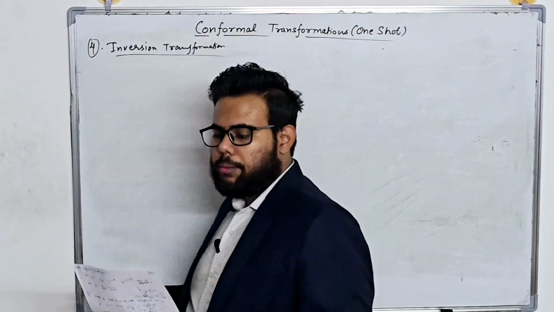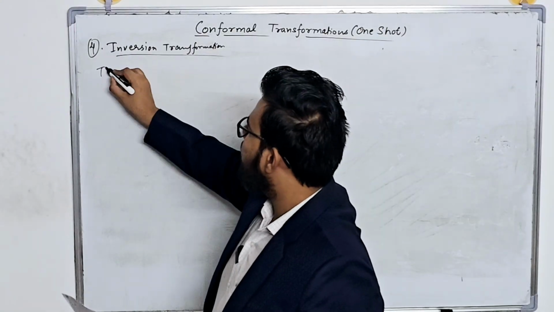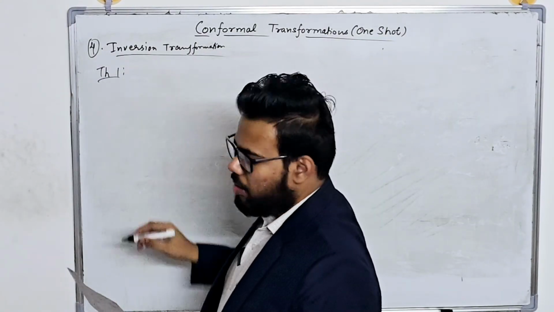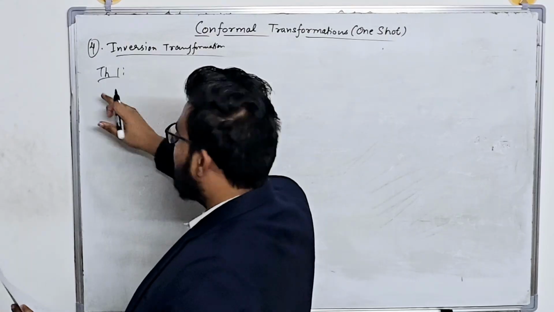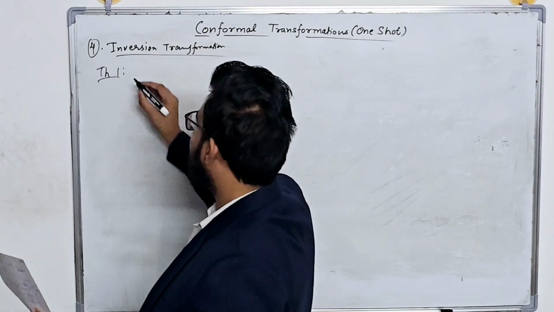Now there are two theorems related to inversion transformation. Let's discuss them. Theorem 1, right? So what is it? We will prove it. So I will write in form of a question.